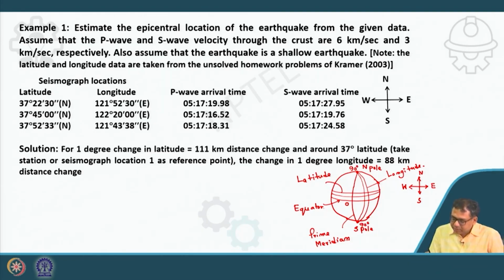Similarly, the prime meridian is 0 degree, and then I can go from 0 to 180 towards the east and 0 to 180 towards the west.